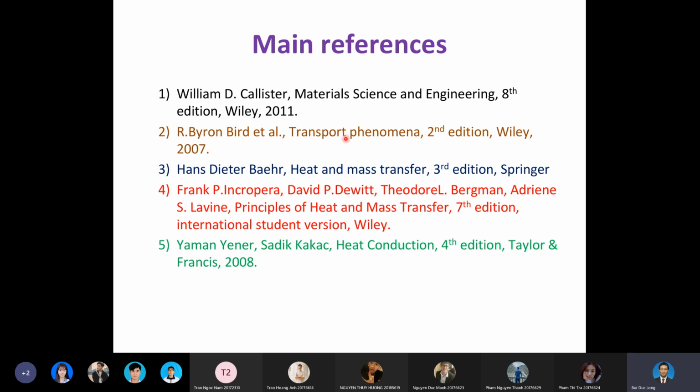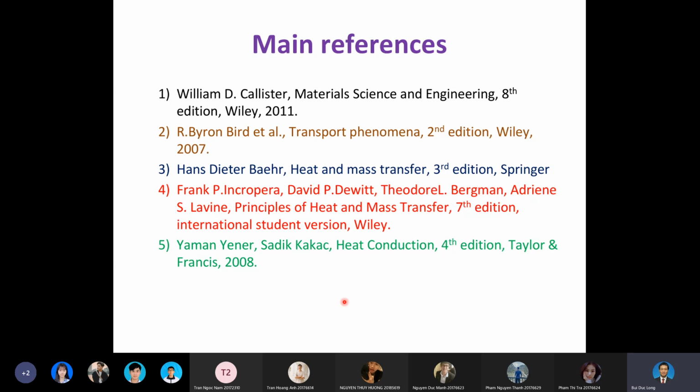Of course, you also can have some other books for heat and mass transfer. That is Heat and Mass Transfer, third edition, Springer, author Hans Dieter Baehr, and some other books for this course.